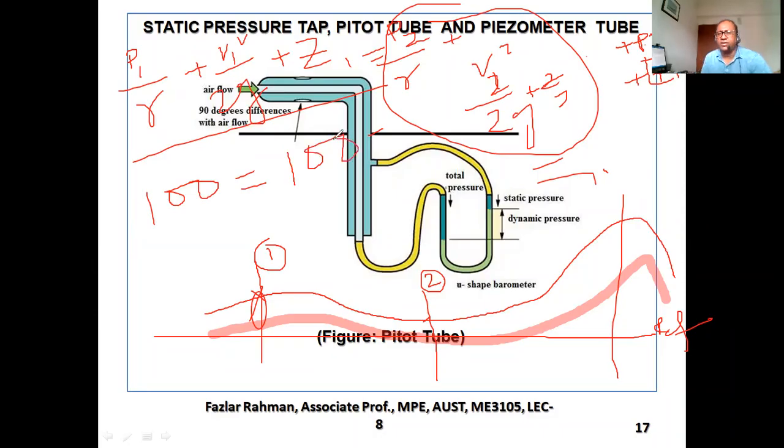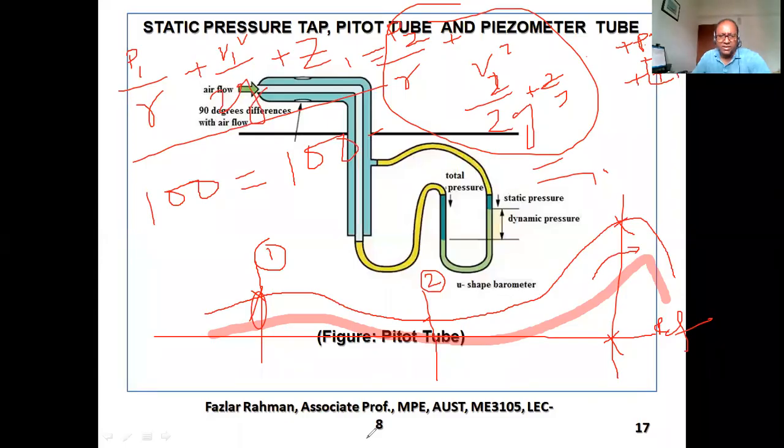What is the beauty of this equation? If right over here you know the height, you know the velocity, you know the pressure, then you can figure out the rest. If you know the pressure and would like to know the velocity of the fluid, you can easily figure it out. By applying Bernoulli's equation, it relates pressure, velocity, and the datum head or potential head of the fluid.